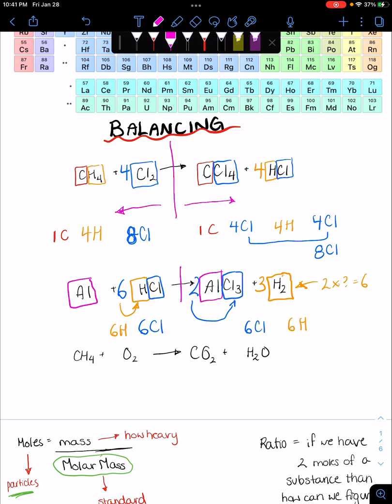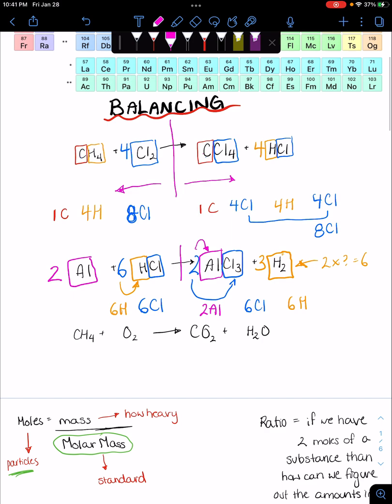Lastly, what do we have to do to balance out our Al there? We look, okay, so this 2 is going to make it so that we have 2 Al, 2 aluminums, is what that actually stands for, but that's not important. We have 2, and we can easily just put a 2 there in front of our aluminum to balance it out.